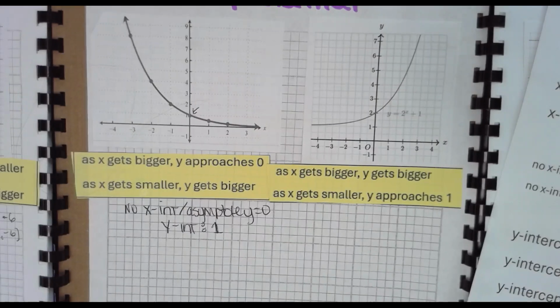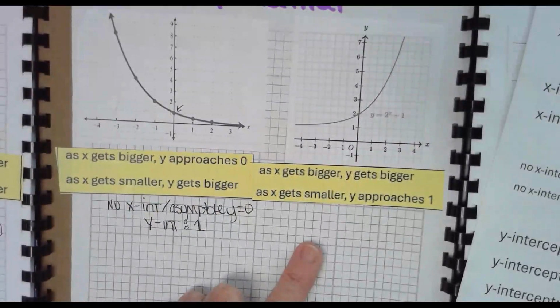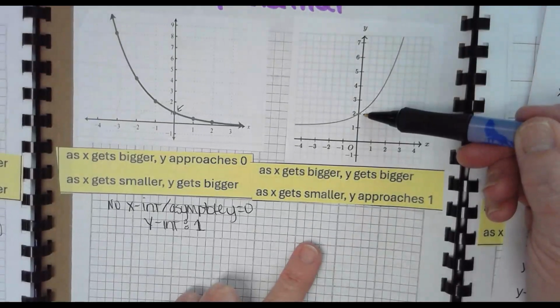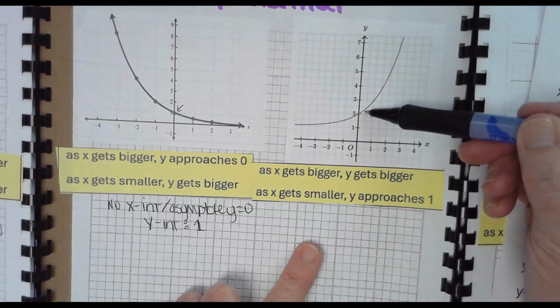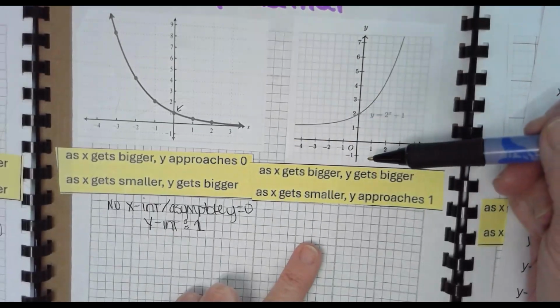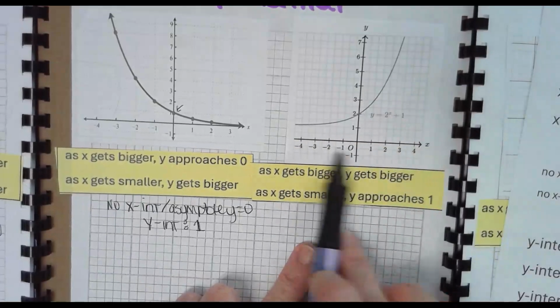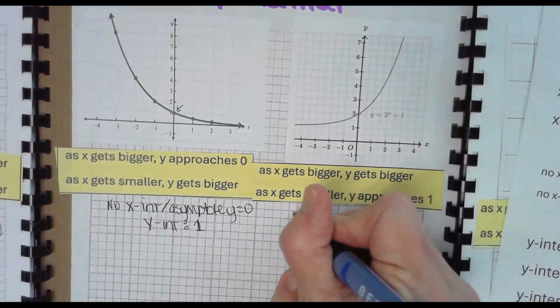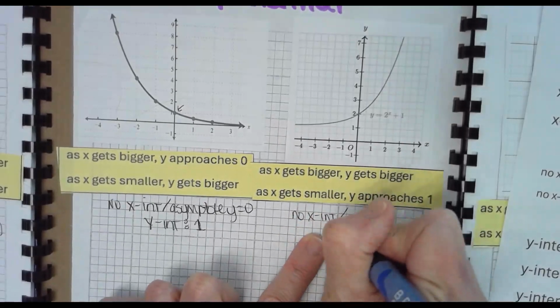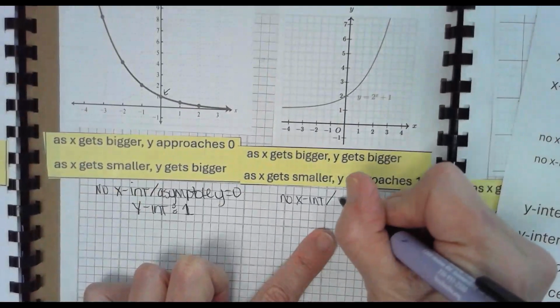All right. Okay, so for here, we should be able to pull our y-intercept right out. What's our y-intercept? Y-intercept's 2. Do I have an x-intercept? Does it cross this axis at all? No, it does not. So no x-intercept. There's an asymptote.